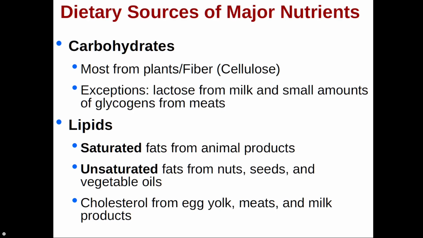Carbohydrates, which we intake mostly from plants, but additionally some animal tissues, animal food, like milk, for example, liver and muscles, have carbohydrates too, but mostly we intake carbohydrates from plants.